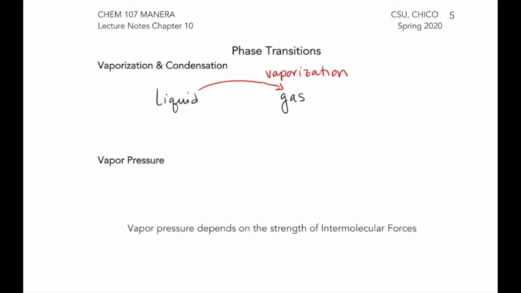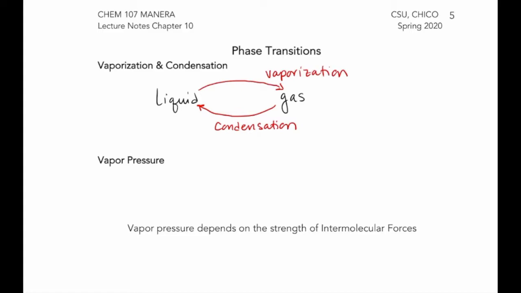A liquid vaporizes and becomes a gas. And the transition back down from a gas to a liquid is called condensation. Vaporization and condensation, just the terms for transitioning from a liquid to a gas or gas back down to a liquid.